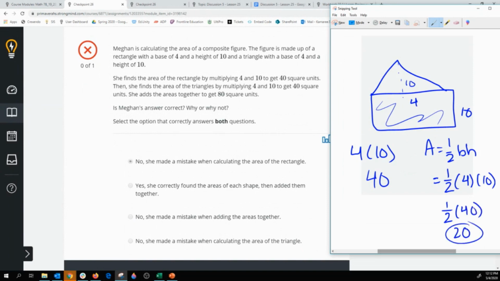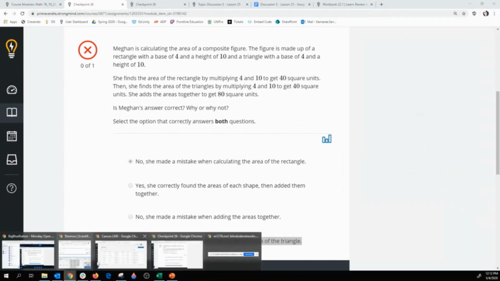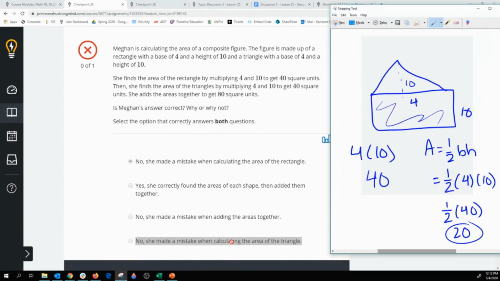So it looks like when she was finding the area of her triangles, she forgot to divide it by 2 or multiply it by that 1/2. So she made her mistake when she was calculating the area of her triangle.